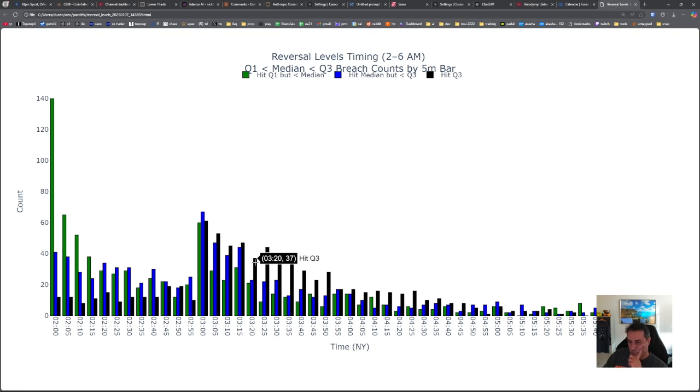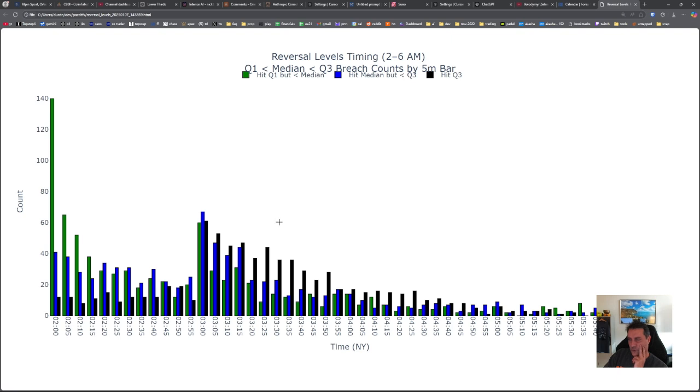So 320 still can hit Q1, but from 325 till 350, if the reversal happens, then we hit Q3. But in a way, if you think about it, it's quite logical. If it is a manipulation, you give it more time, it will expand in the opposite side longer.